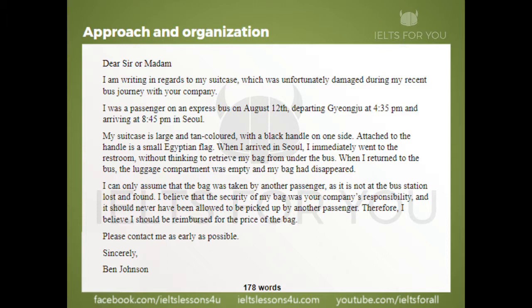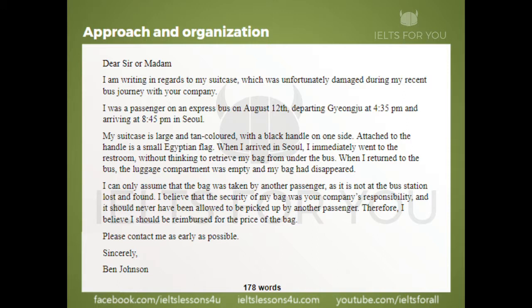Notice the space between each element. Okay, a little bit of space between each element to show it's a new paragraph. You can count those elements, right? 1, 2, 3, 4, 5, 6, 7, 8. All of your Task 1 letters should also contain 8 elements like this.